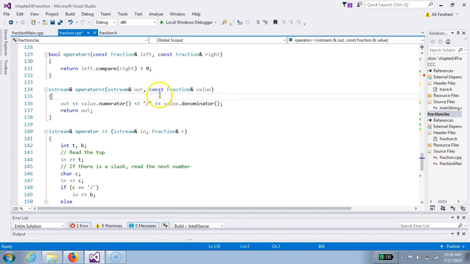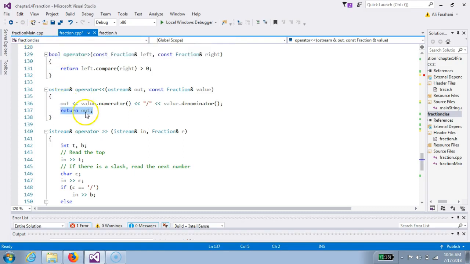So how do you print a fraction? Well, use the ostream out. You want to display the numerator, value.numerator, divided by value.denominator, and return out. And that will print it for you.